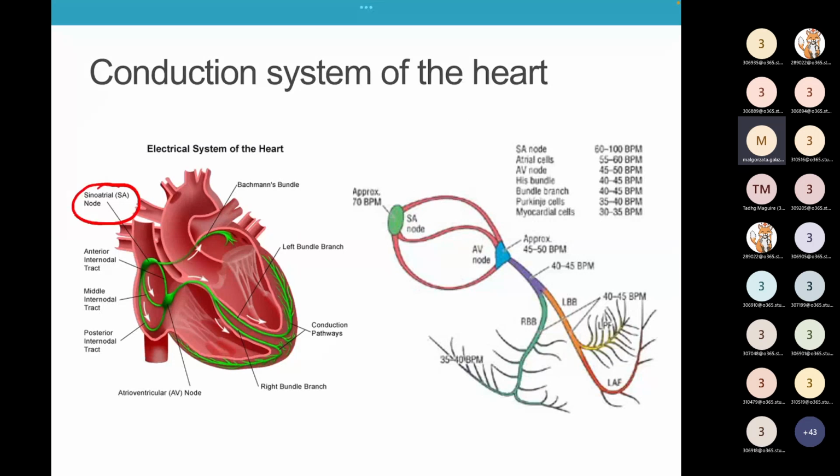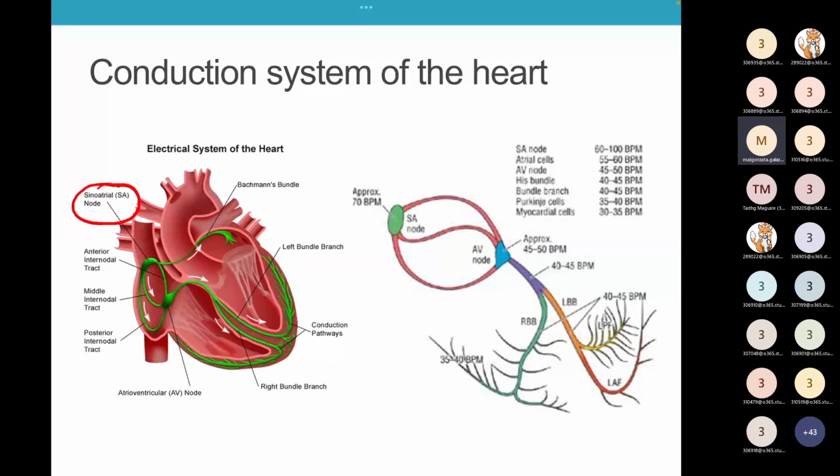The action potential which is generated by the pacemaker cells in the sinoatrial node is generated with a frequency of around 60 to 100 action potentials per minute, which is actually equal to the physiological heart rate. So sinoatrial node pacemaker cell activity is responsible for the physiological heart rate.